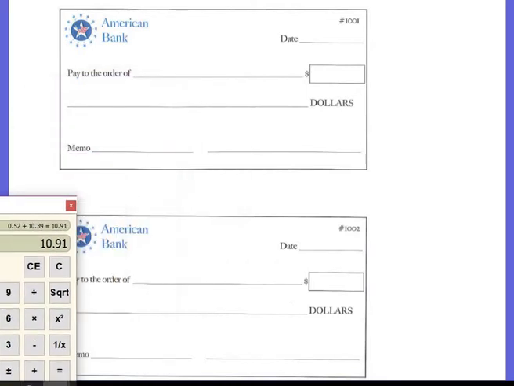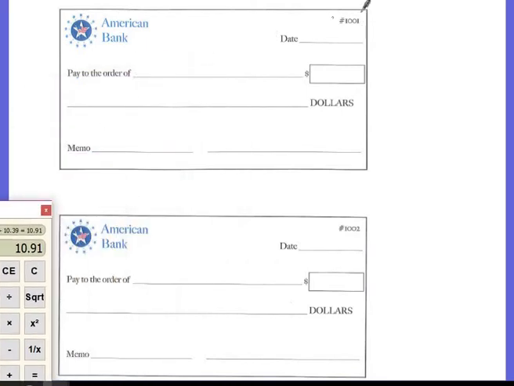All right, I'm at my first check here, 1001. So I would write the date that I'm paying for it. So I'd write 12/18/18. Pay to the order of. What would I put here? I'm paying to myself? No, Miss Foreman.